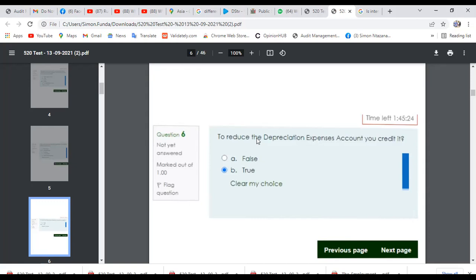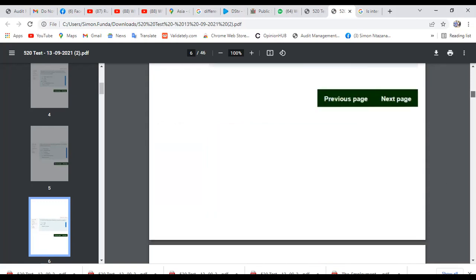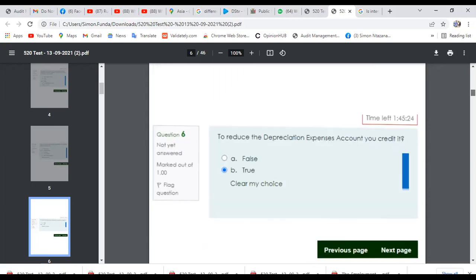Then you are reducing the expense. If you are increasing an expense, you debit, meaning that that expense will accumulate. So this is true, of course. Let's go to the next. I hope you are okay on the expenses.